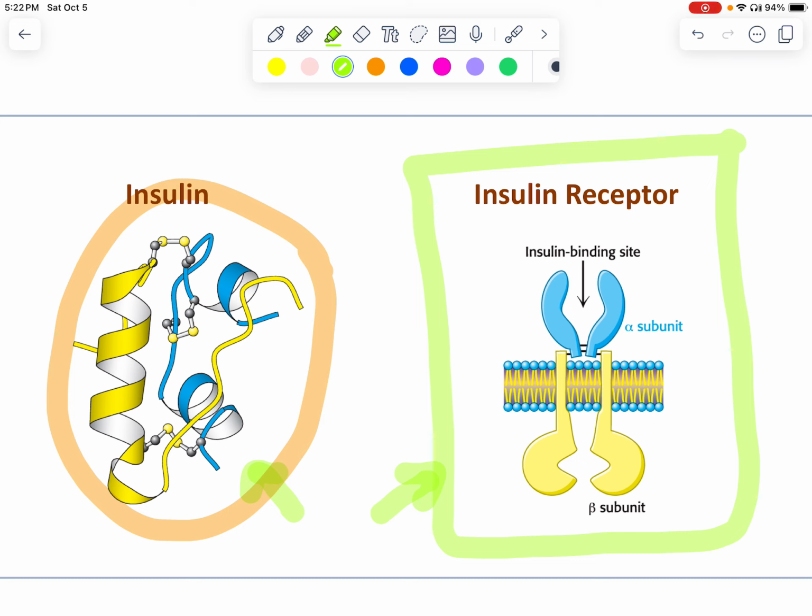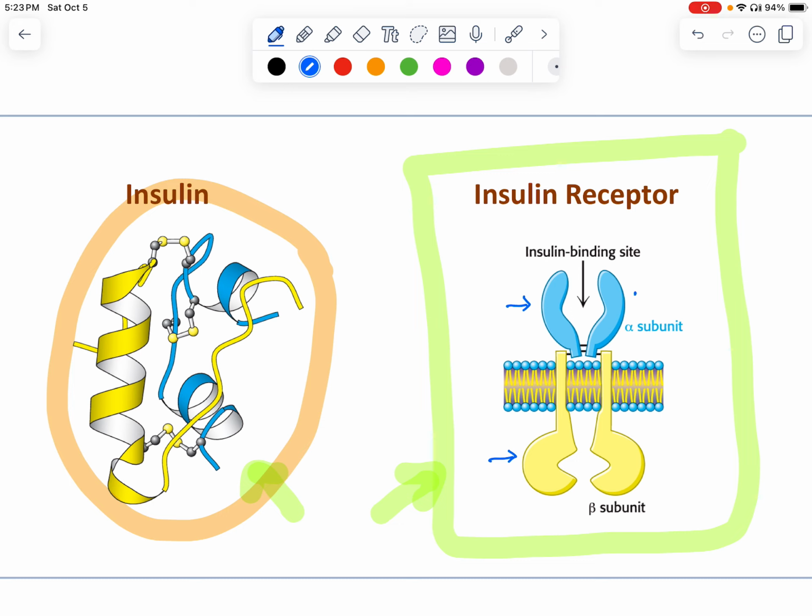So as we look at our insulin receptor, we have two subunits, each of which has an alpha piece and a beta piece. So when I look over here, the one on the left, here is my alpha subunit and the beta subunit. And notice in this case, this beta subunit is the transmembrane part.